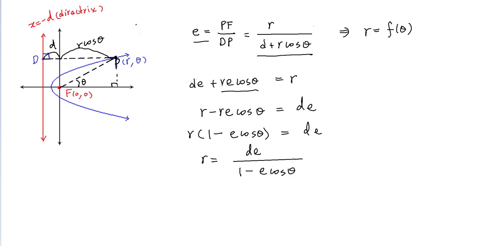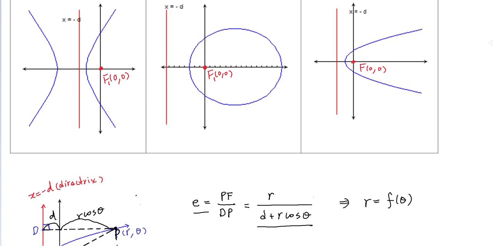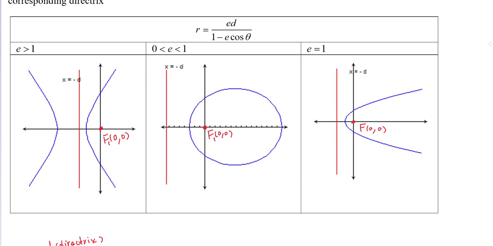When you have de over 1 minus e cosine theta, conic sections look like this: a parabola with e equal to 1, or an ellipse with e less than 1, or a hyperbola, with one branch like this and the other one somewhere else, on the opposite side of the directrix.